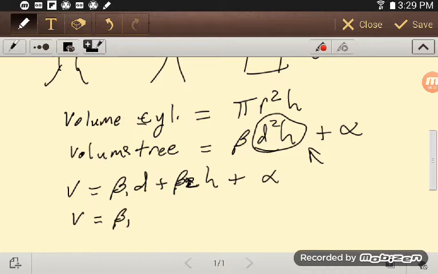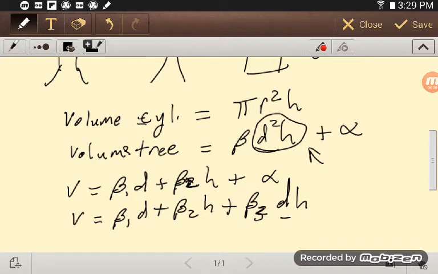So we could have b1 d plus b2 h plus b3 times the interaction term, because a tall skinny tree may be very, very different than a short wide tree as far as its overall shape and so forth. And so maybe there has to be this interaction between diameter and height and then plus alpha. That may very well be the case.